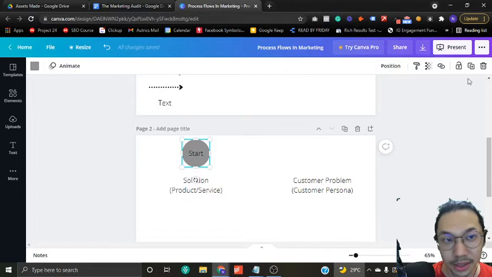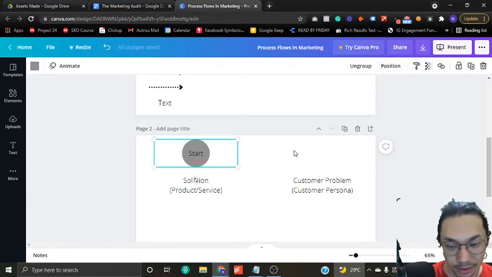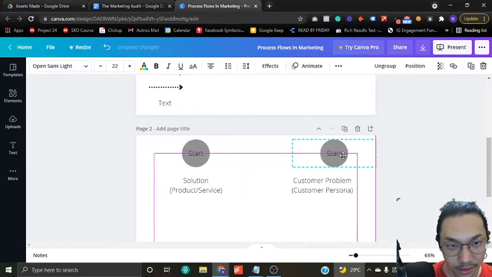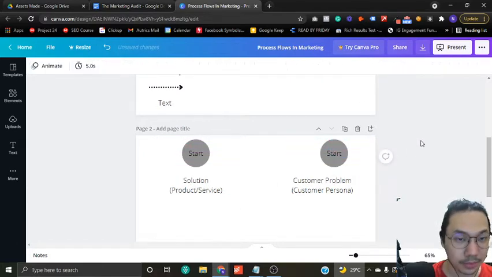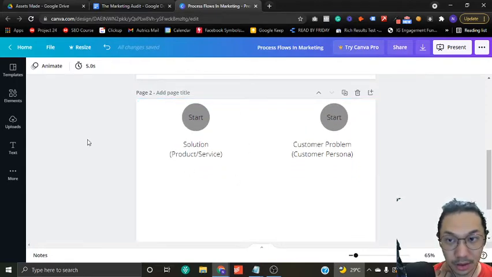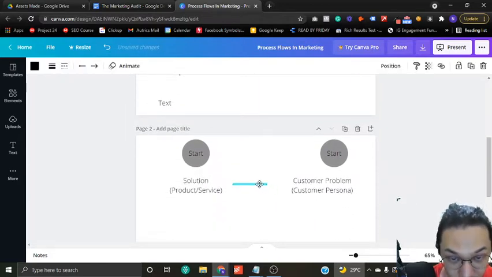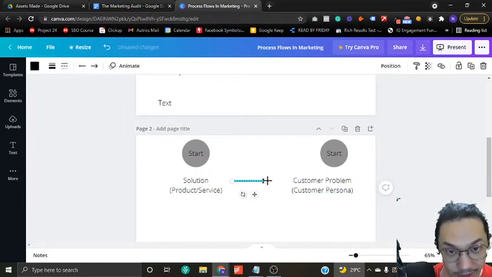Then we group these together. For some reason, the option is, oh, okay. So you can either start here or here. And then what I want to do is have a kind of dotted line.